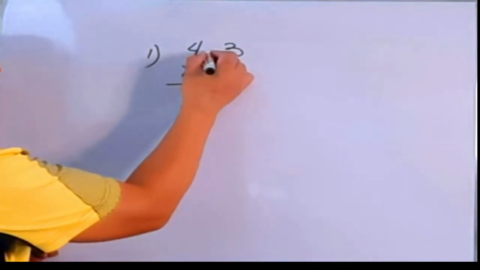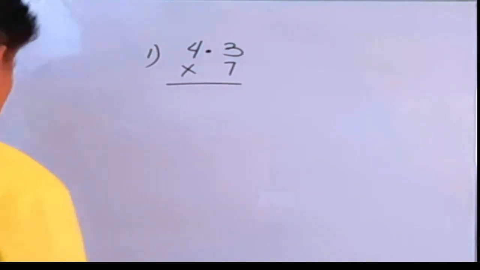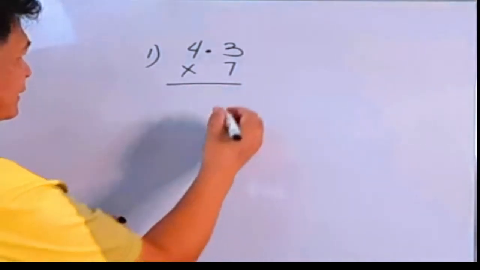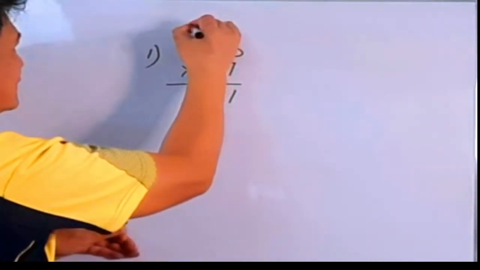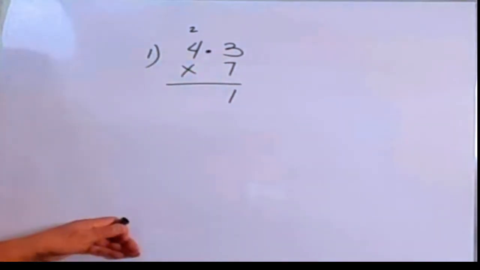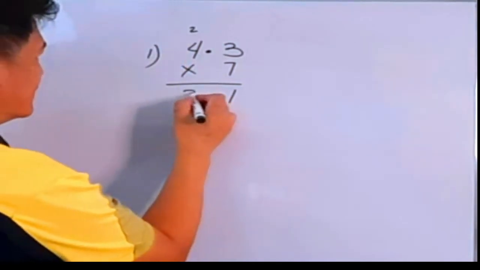For you not to be confused, let us disregard for the meantime your decimal point between 4 and 3. So first, we multiply 7 times 3 is 21. Carry 2. And then 7 times 4 is 28 plus 2 is 30.